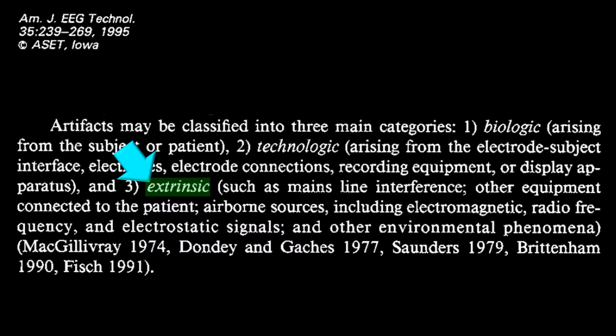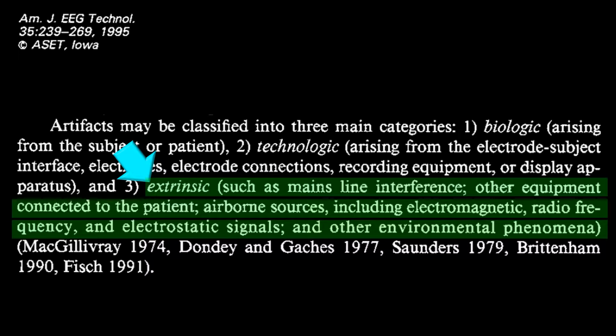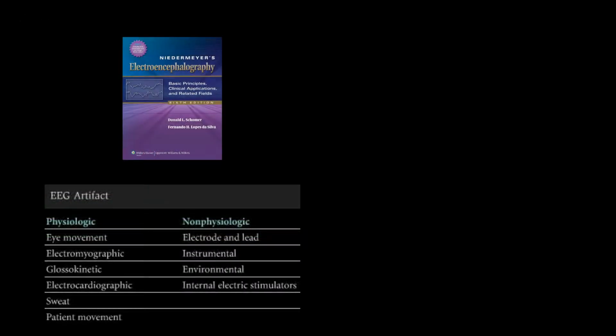and extrinsic, those that arise from outside sources as electrical lines and other devices capable of producing static electricity or magnetic fields or inductive and capacitance currents. There are, as you can imagine, many other classifications.